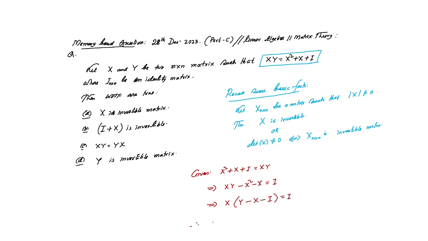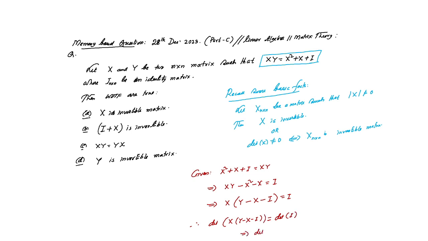So we take the determinant on both sides. So det of X into (Y minus X minus I) equals determinant of identity, which is 1.